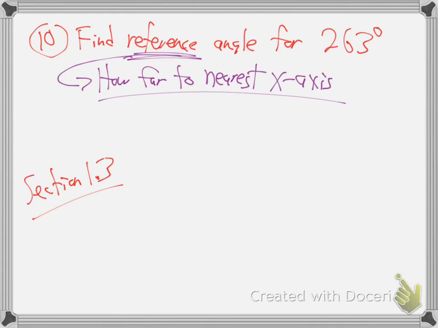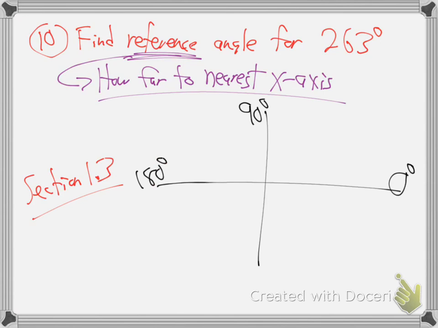Now, what do I mean by all that? Let me show you. So 263 degrees. Where is 263 degrees? Remember, this is 0. They decided to start 0 straight right. Could have put it straight up, but they decided just to put it straight right. So straight up is 90, 180 is here, 270 is there.